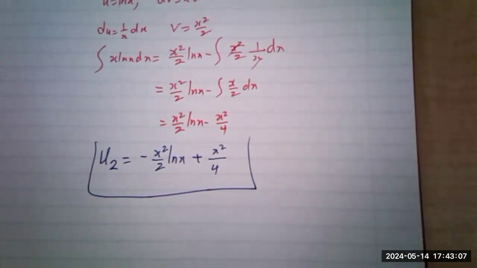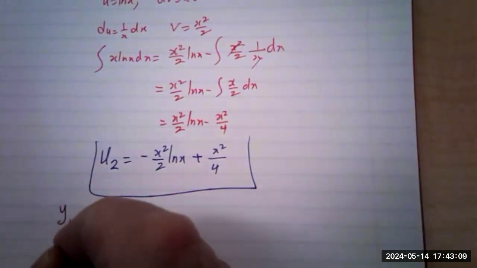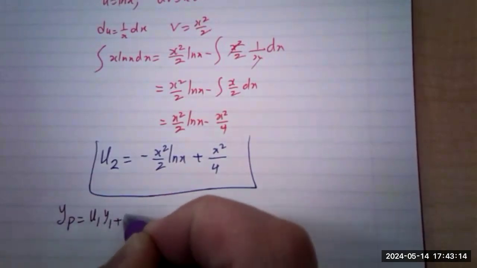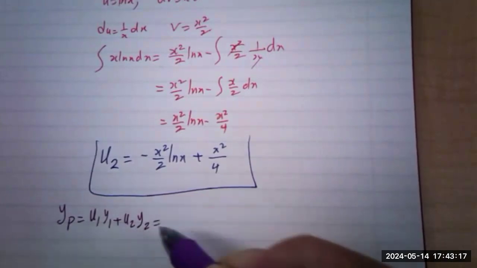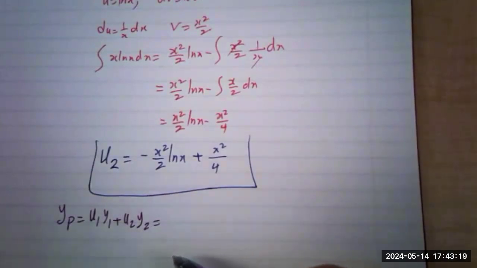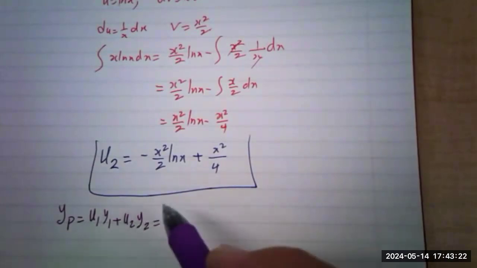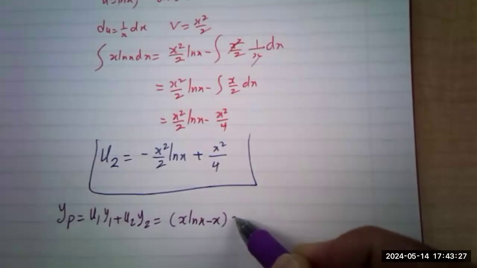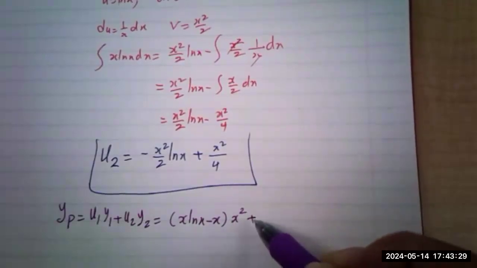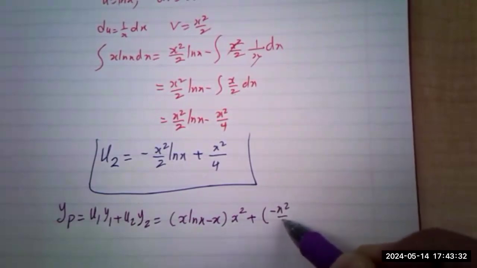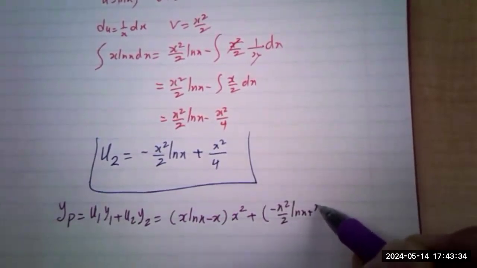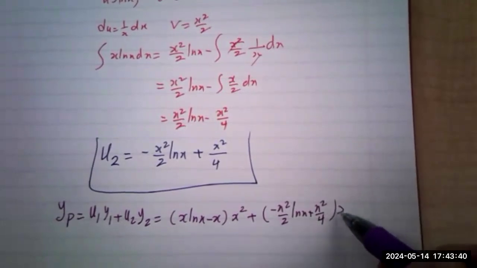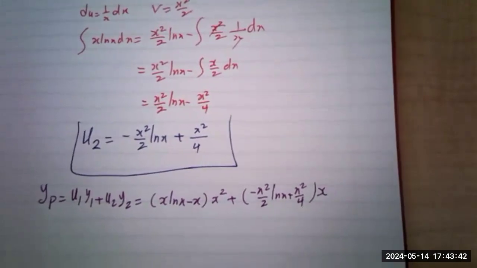So we are not done, and you cannot write the yp yet. The yp is u1 y1 plus u2 y2. Your y1 was x squared, and u1 is x ln x minus x, times x squared, plus your u2, negative x squared over 2 ln x plus x squared over 4, times x.